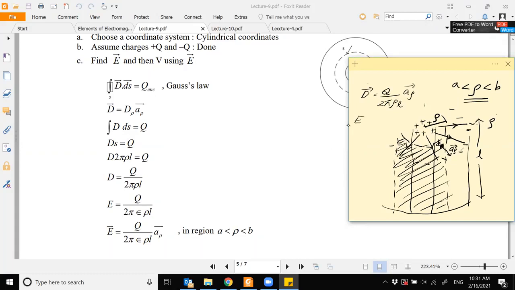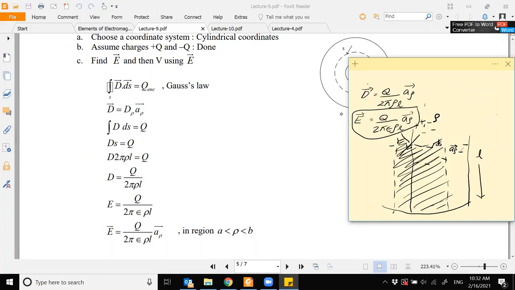And E bar is equal to what? Just put epsilon there. So 2 pi epsilon rho L A rho. This is the electric field which is between the two conductors.